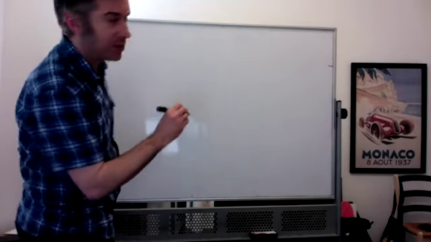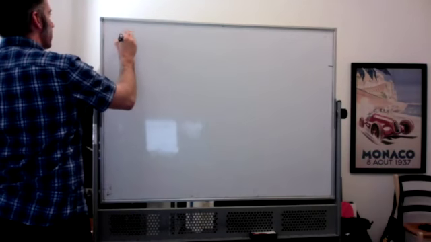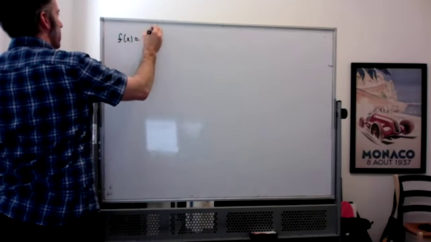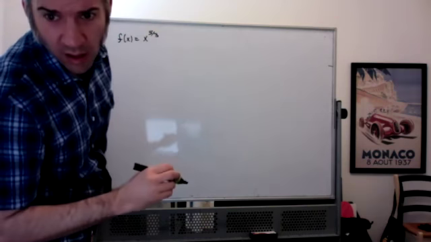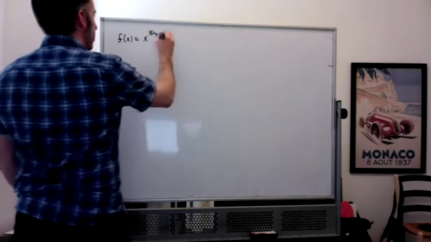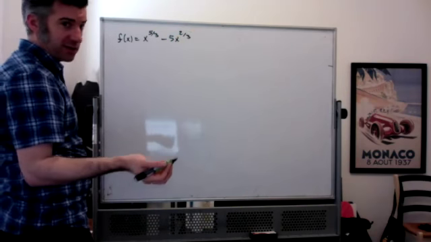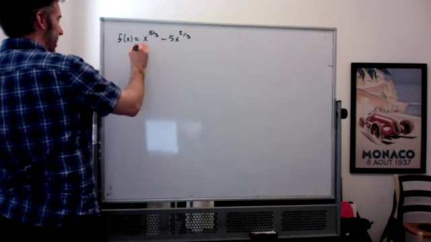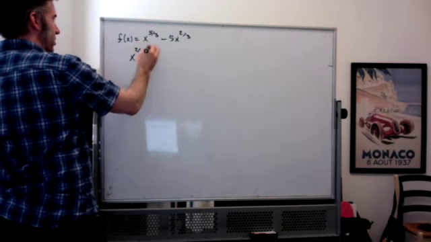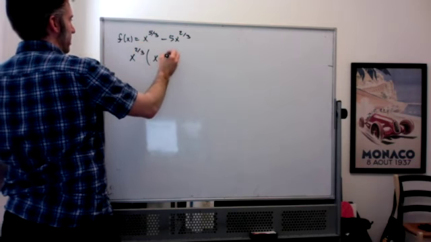F of x is equal to x to the 5/3 minus 5x to the 2/3, which I'm going to factor by taking out x to the smallest power, x to the 2/3, leaving x minus 5.